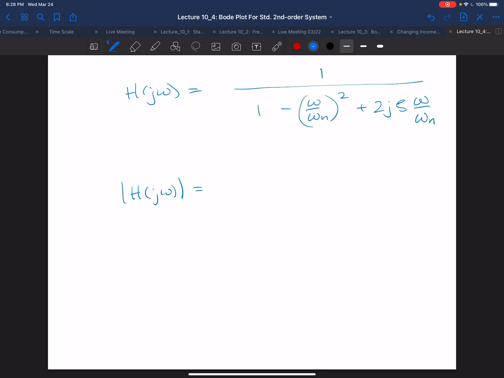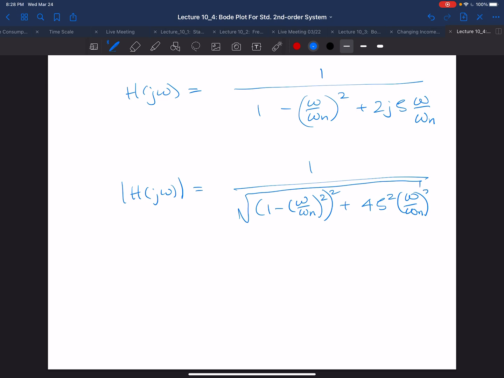If we write out an expression for the modulus of H of j omega, it's going to be 1 over the square root of the square of the real part of the denominator, that's 1 minus (omega over omega n) squared, all squared, plus the square of the imaginary part. That will give us 4 zeta squared (omega over omega n) squared.